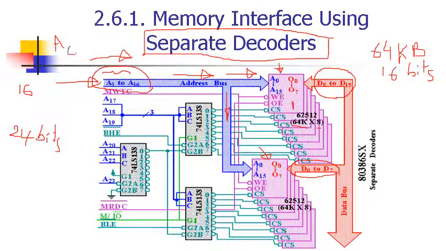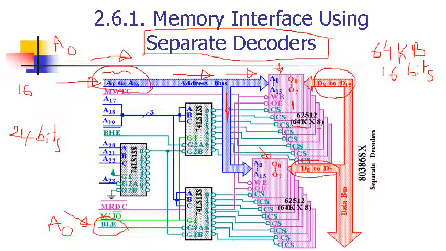Where is A0 here? A0 here is used to enable the lower bank of your signal, your BLE, bus low enable, which gets its signal through A0. Okay, good.